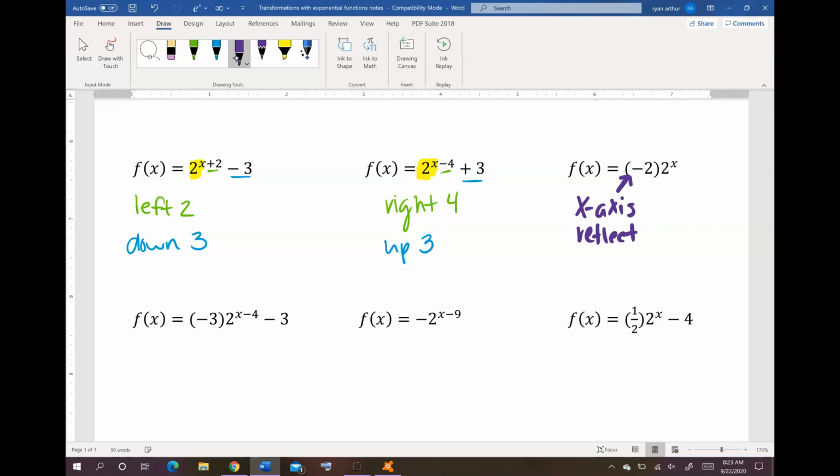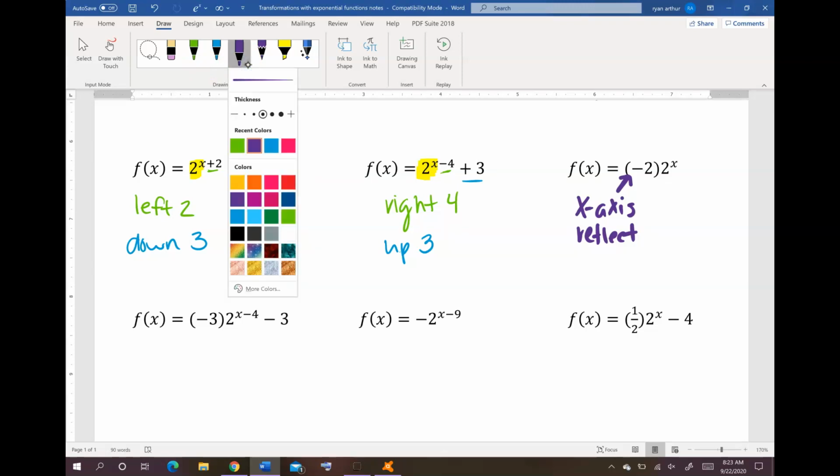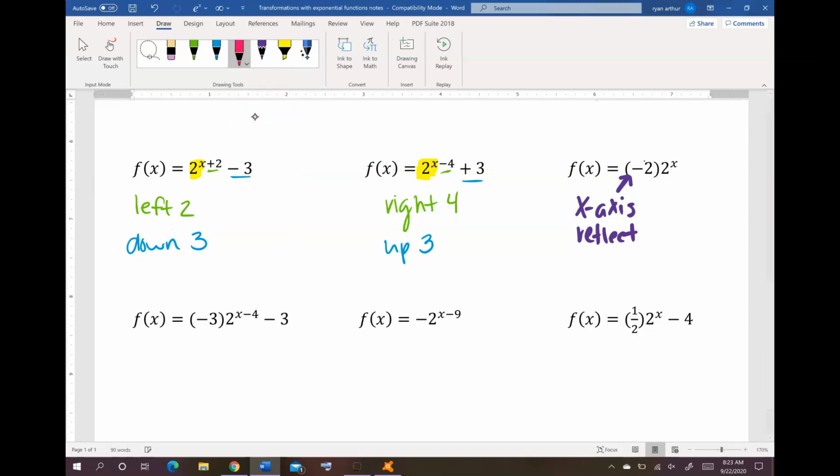And once you write that, we do not care about that negative number anymore. Not at all do we care about that negative number, okay? You've named it, you're done, we're moving on, okay? Because this 2 right here, that is your a value. By itself, that is your a value. Not with the negative, not with the base. It is by itself, okay?